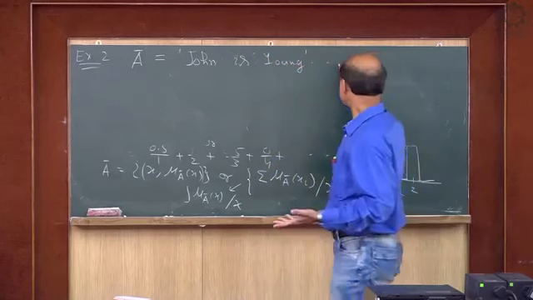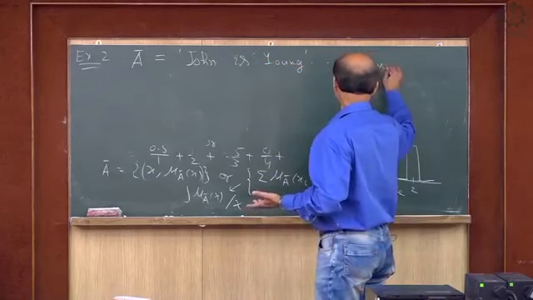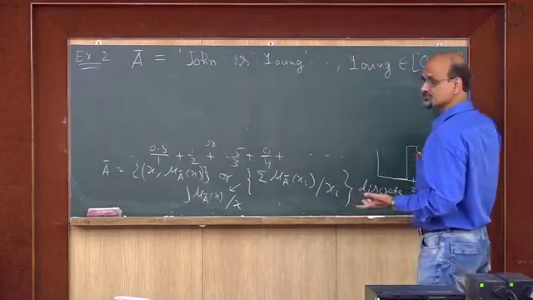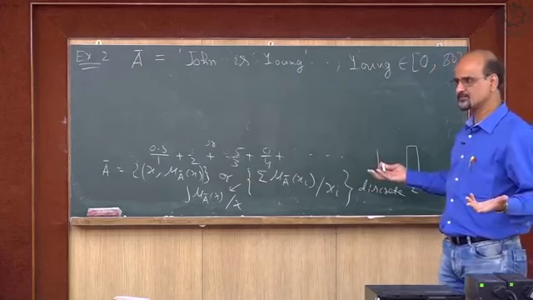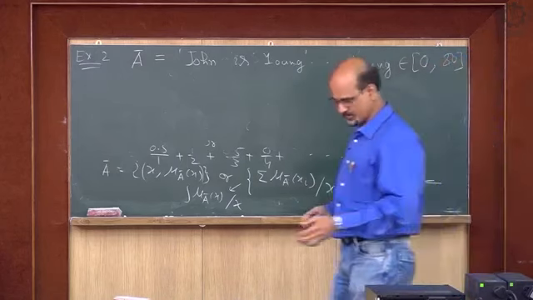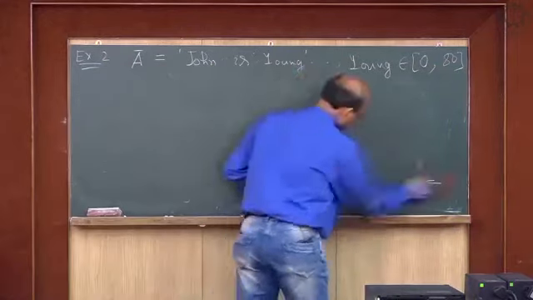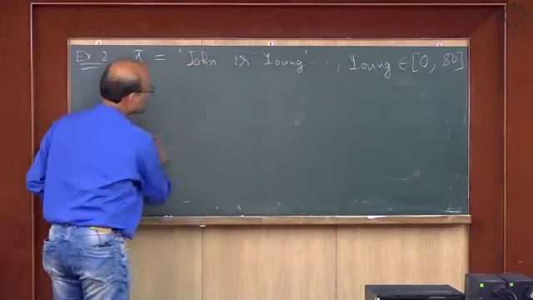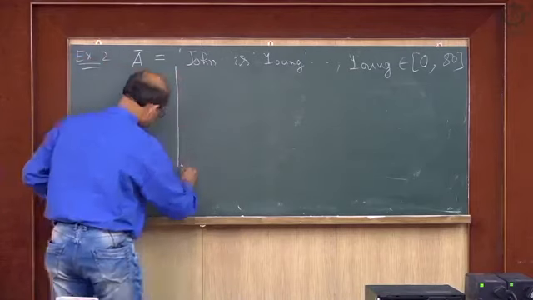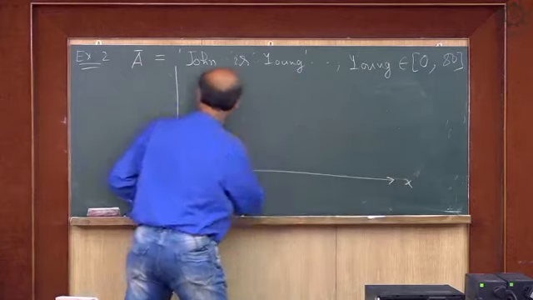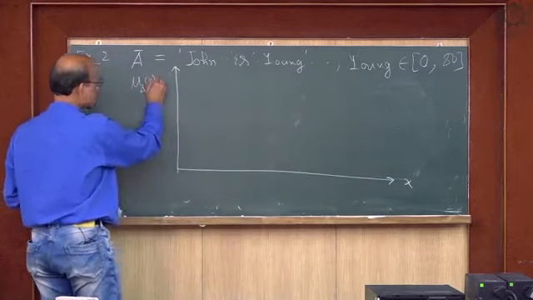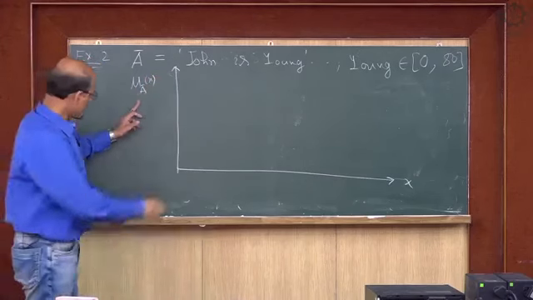So, suppose this young I define as belonging to 0 to 80 years. This is my choice. Now, let us see what is happening. If it is 0 to 80, now if I plot on this side x, and this is your mu A bar x, the membership.